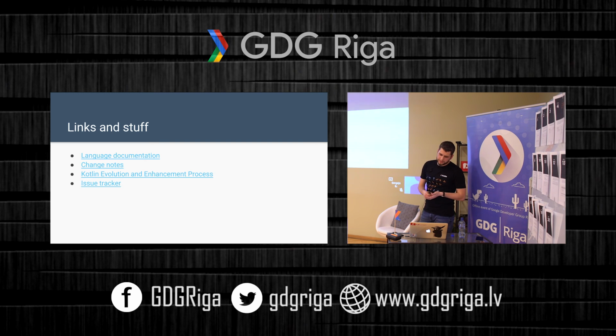Also, if you are interested in what's happening in Kotlin right now, you can go to GitHub for the Kotlin Evolution and Enhancement Process, which I call KEEP, which is basically the same as the Java JSR. I don't remember exactly. Basically, proposals for enhancement of Kotlin. And you can also look at the issue tracker if you want to. Some discussions happen there. And that's it from my side.